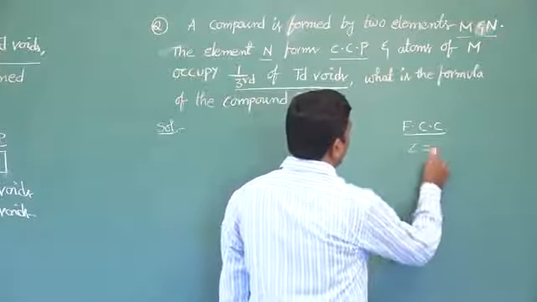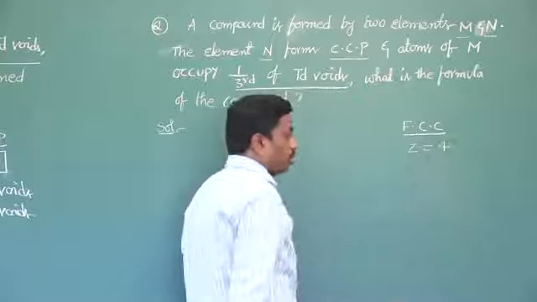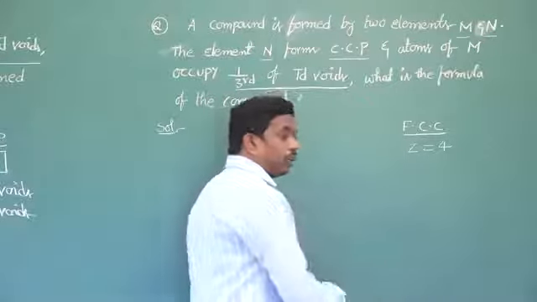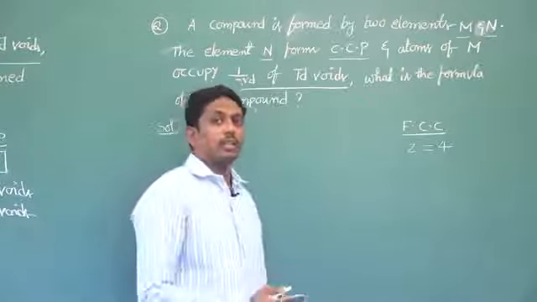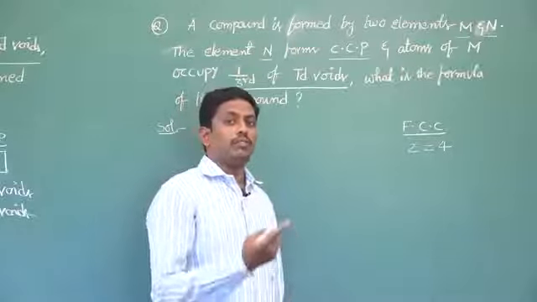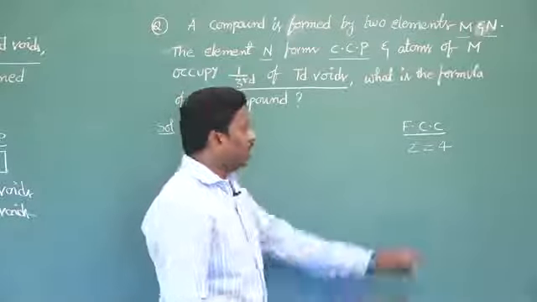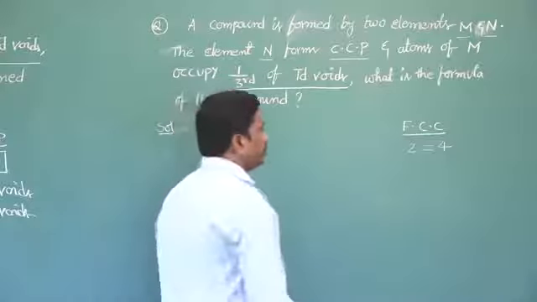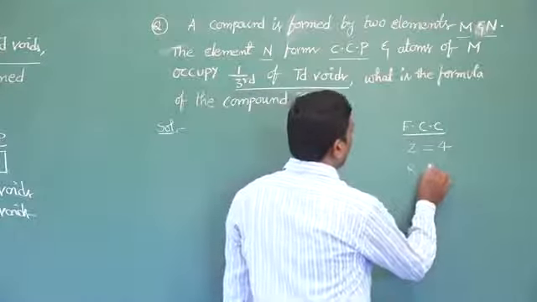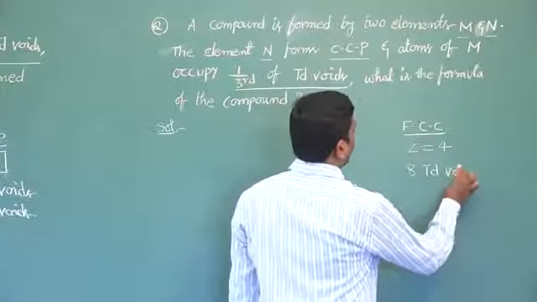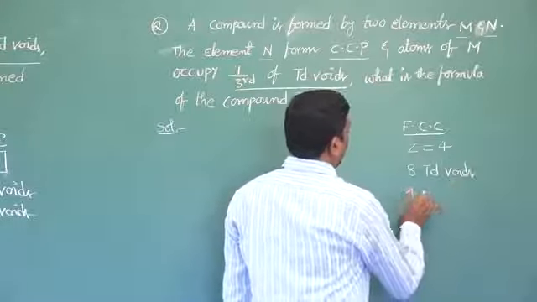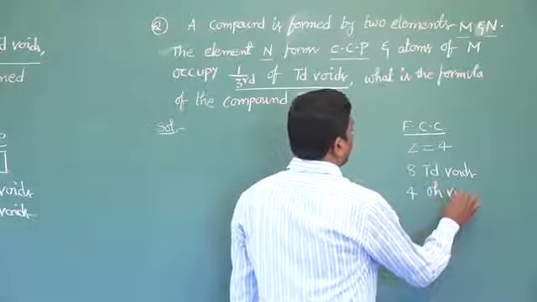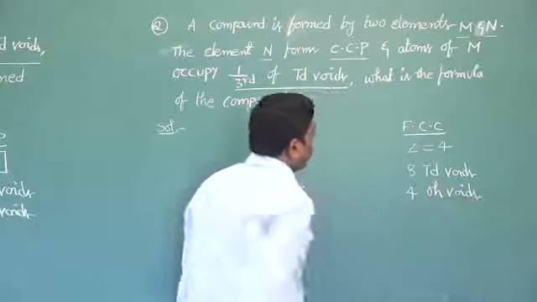Once recall the Z value for FCC, 4. Then how many tetrahedral voids, how many octahedral voids? For every one sphere, 2 tetrahedral voids. For every one sphere, 1 octahedral void. Here 4 spheres. Z represents the number of spheres, the number of particles present per unit cell. So 8 tetrahedral voids and 4 octahedral voids are possible in FCC.